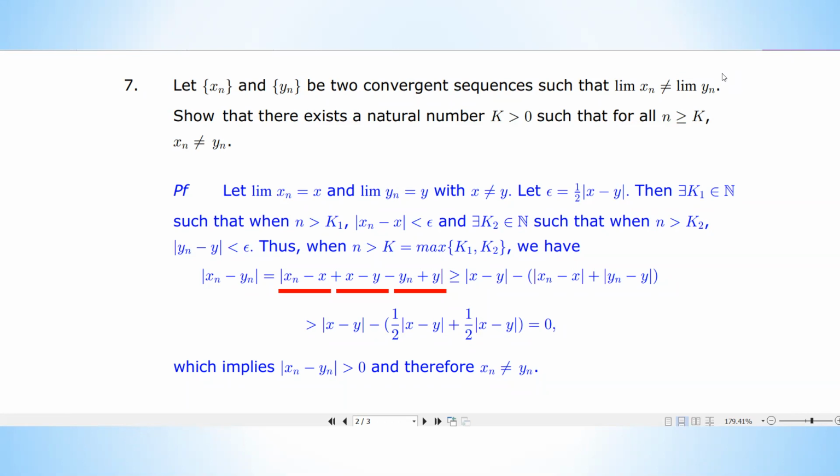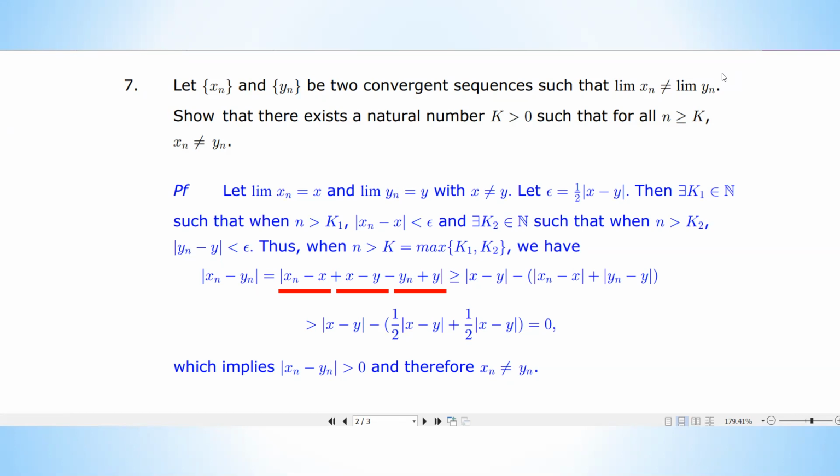Okay, all right. So I underline these 3 terms in red. The first thing is xn minus x, the middle one is x minus y, then is minus, or you can say minus, yn minus y.